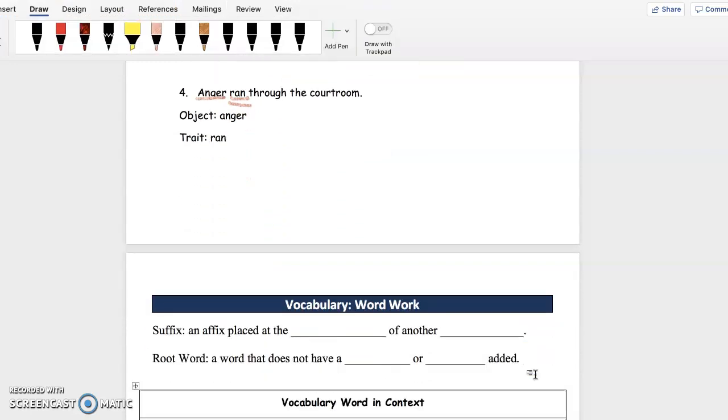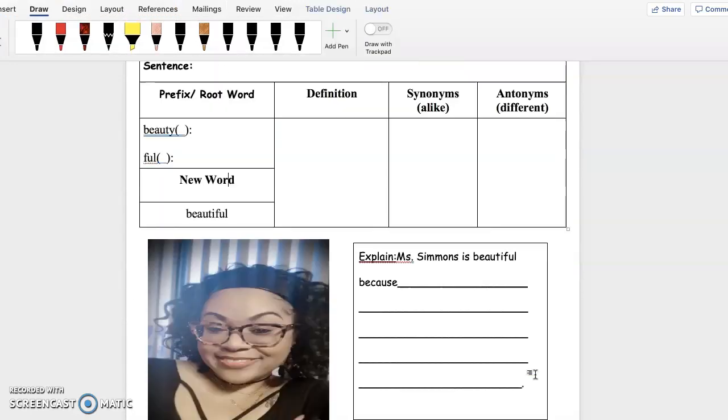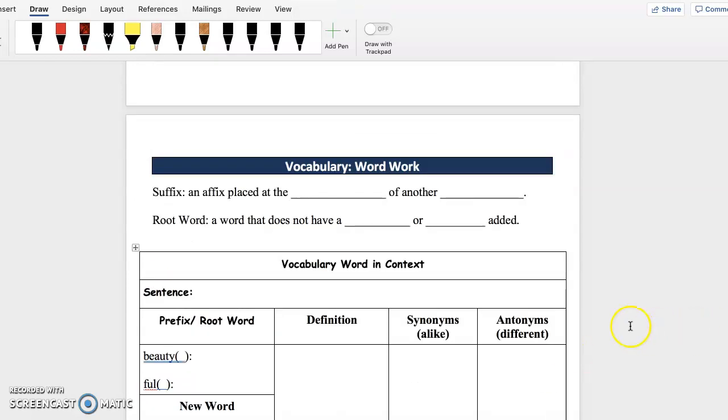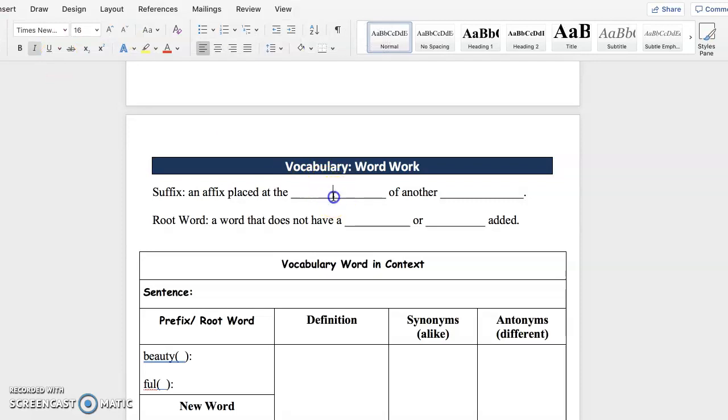We're moving right along to our vocab, okay? All right, so vocabulary, guys, we're continuously going over suffixes, okay? So we know that a suffix is an affix placed at the end of another word. Good.